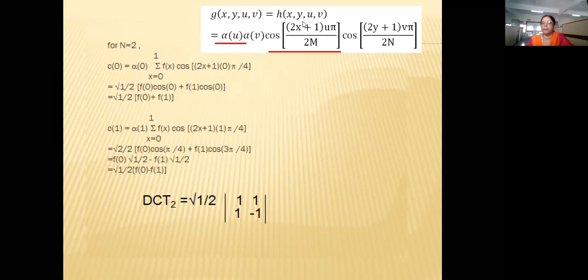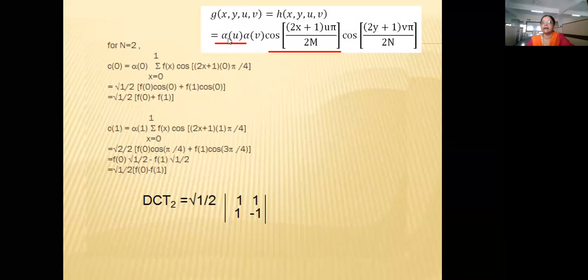So try to compute this forward transformation matrix when n is equal to 4. You can directly use this forward transformation kernel, and for every value of u, substitute x at 0, 1, 2, 3, so that you get the first row of the transform coefficient matrix.